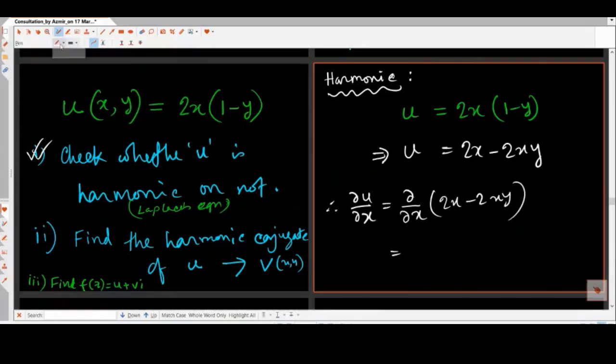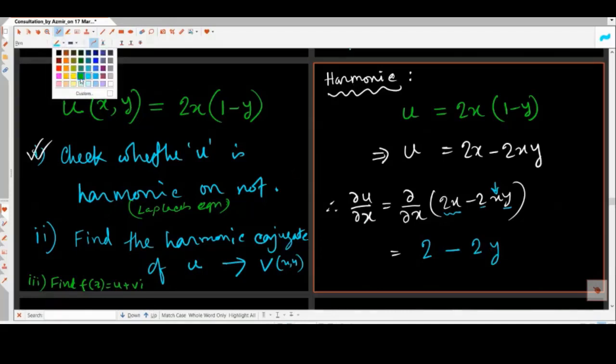We are differentiating in terms of x, so y will be constant. I am writing directly here: derivative of 2x in terms of x is 2. Minus 2, and y will be constant, so 2y. Now the derivative of x is 1, so 1 times 2y is 2y. So this is du/dx.